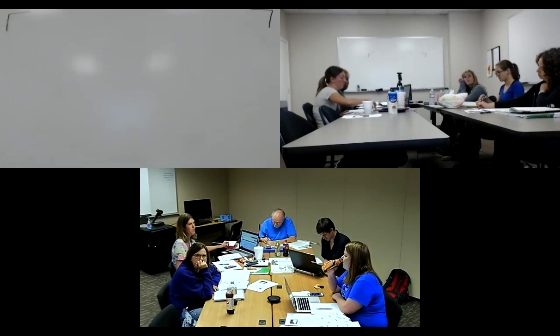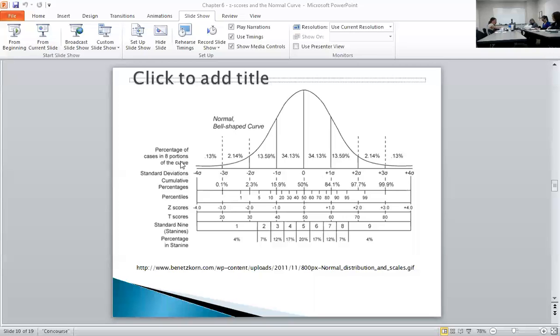I'm going to put it up on the full screen, and I think it will make more sense. Here, what you can see is the 0. Look at the standard deviation line, that's the very first row of numbers. The mean represents 0, because we're looking at deviations from the mean. You've got 1 standard deviation on either side.